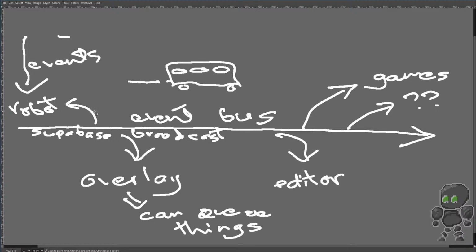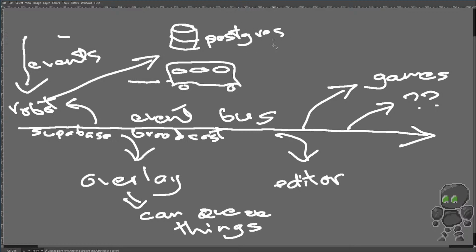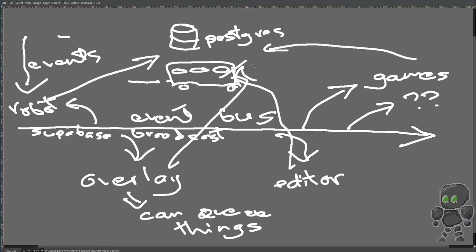But we can also have the robot put stuff in a database. Postgres. And then anything else in the system can also talk to the database. And then we just have lines going everywhere.